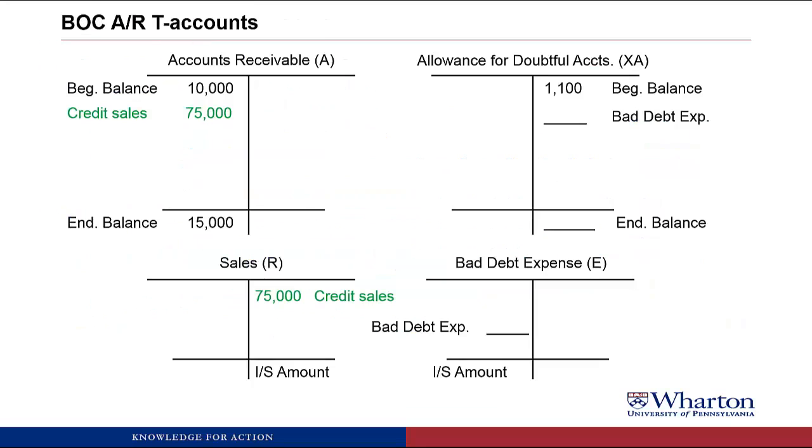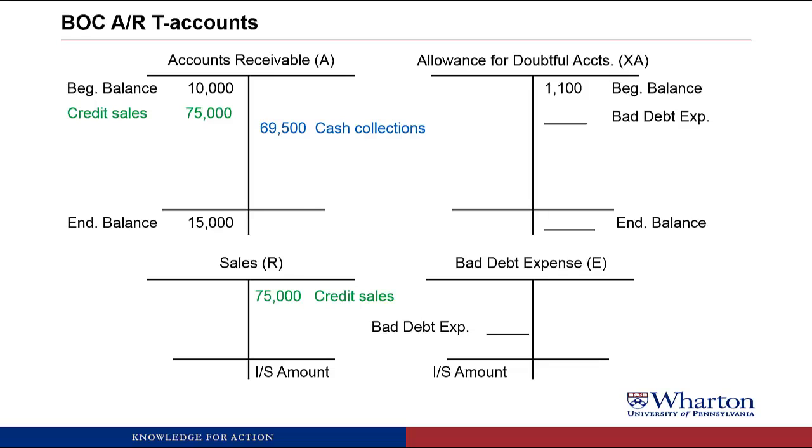Let's do an example where we implement both methods for estimating uncollectible accounts. We're going to go back to our old standby example company, BOC. And here are their T accounts for a given quarter. We'll assume they had credit sales of $75,000, so that increased their receivables and increased their sales. We'll assume that they collected $69,500 in cash on those accounts receivable.